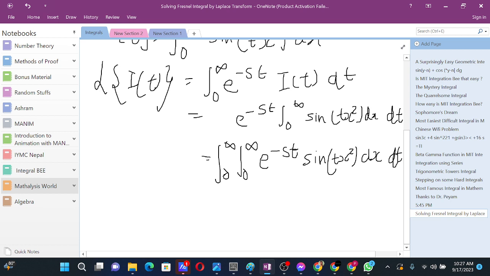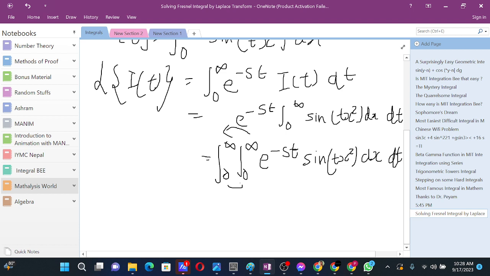Now we are going to perform a change of the order of integrals. Since both integrals begin with constant values and end with constant values, and they don't depend upon any variables, we can easily change the order. If they were dependent on variables, changing the order would be a bit more complicated, and we would need to abide by some other rules.